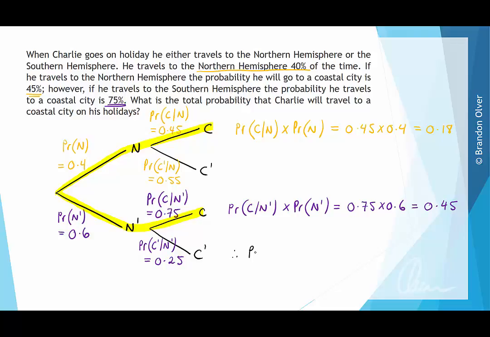Therefore, the total probability of him going to a coastal city is equal to this value here plus this value here. So we have 0.18 plus 0.45. And that in total gives a 0.63 probability that on any given holiday, he will end up at a coastal city.